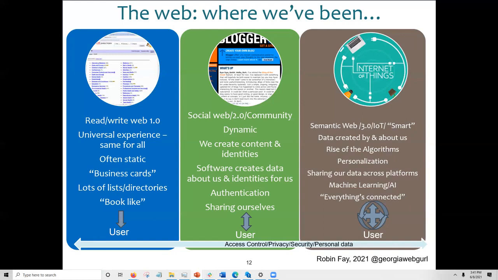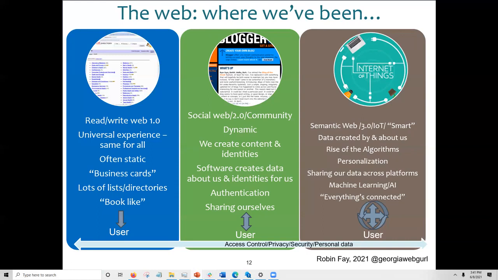This is very focused on authentication, and it's a relationship where, rather than the web coming to us and we can't really do anything with it, there's starting to be an exchange. We are creating content on the web, the web's creating content about us, and Facebook, MySpace, all those things are out there going along. Blogger, people are doing all those things.